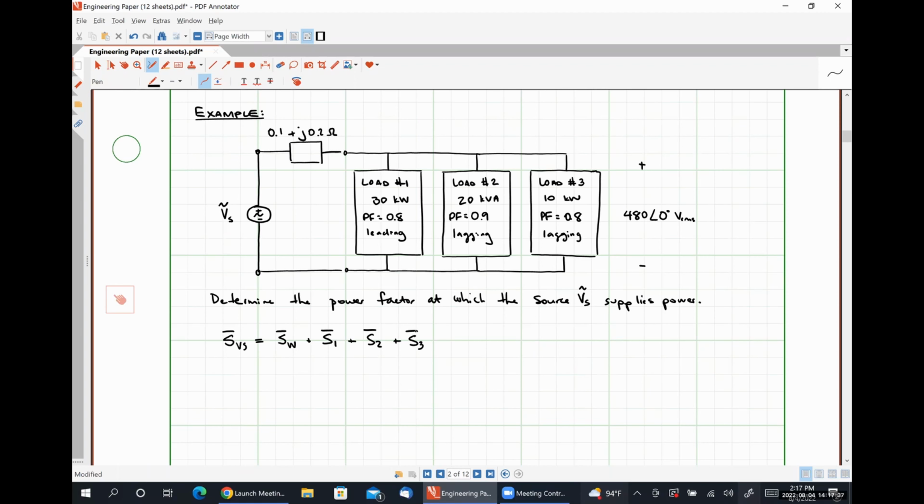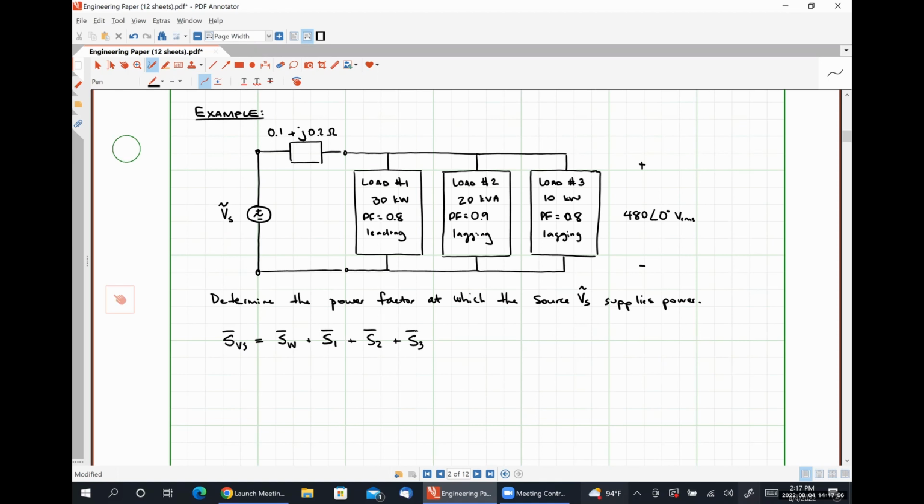So effectively, we're going to see all three of our loads absorb some power, and then because our transmission line has a non-zero impedance, it is also going to absorb some, hopefully very small, amount of complex power as well.